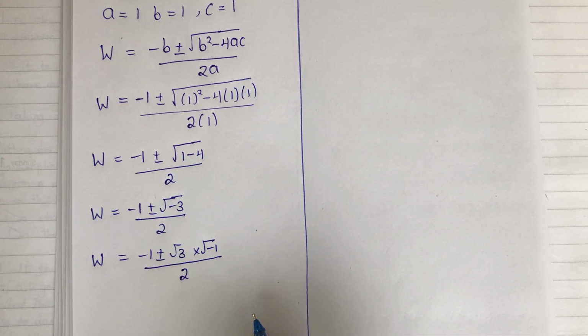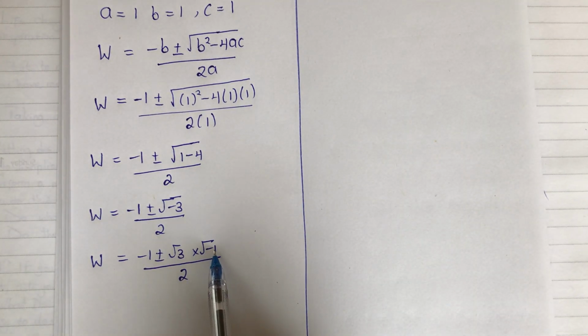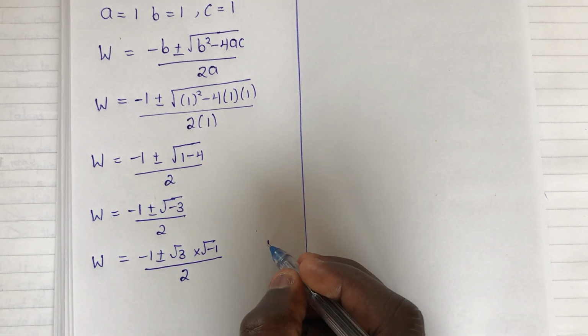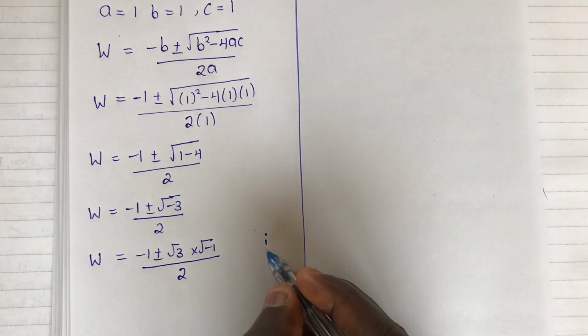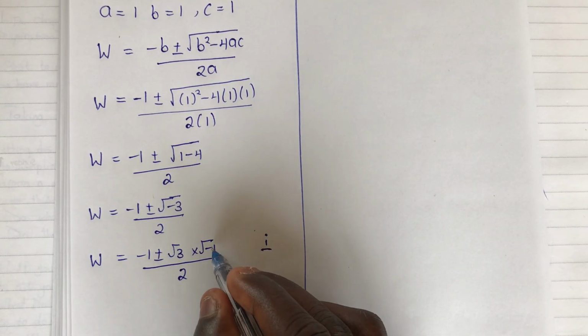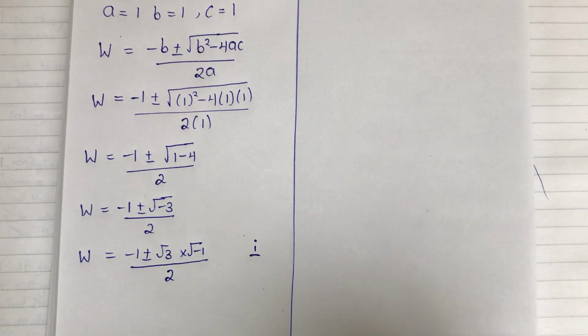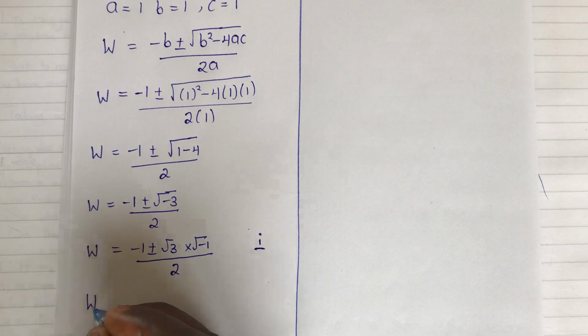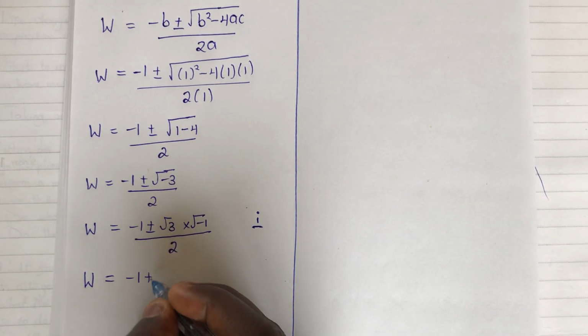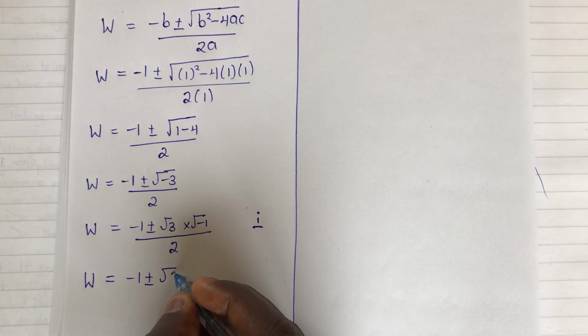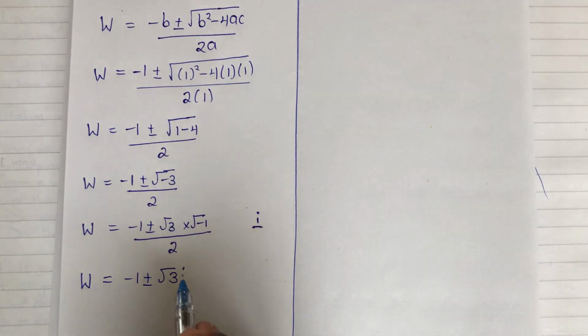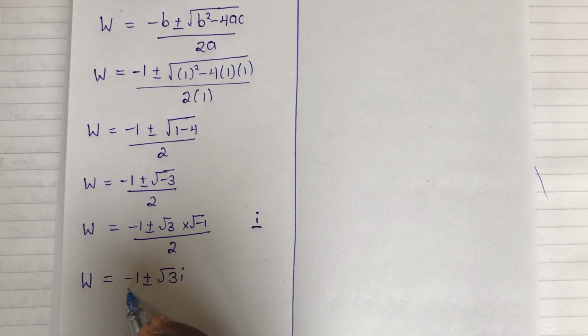Root of -1 stands for the complex notation i. So i is the same as root of -1, as explained in the introduction. So w is equal to -1 plus or minus root 3 i, over 2. This i should not come under the square root.